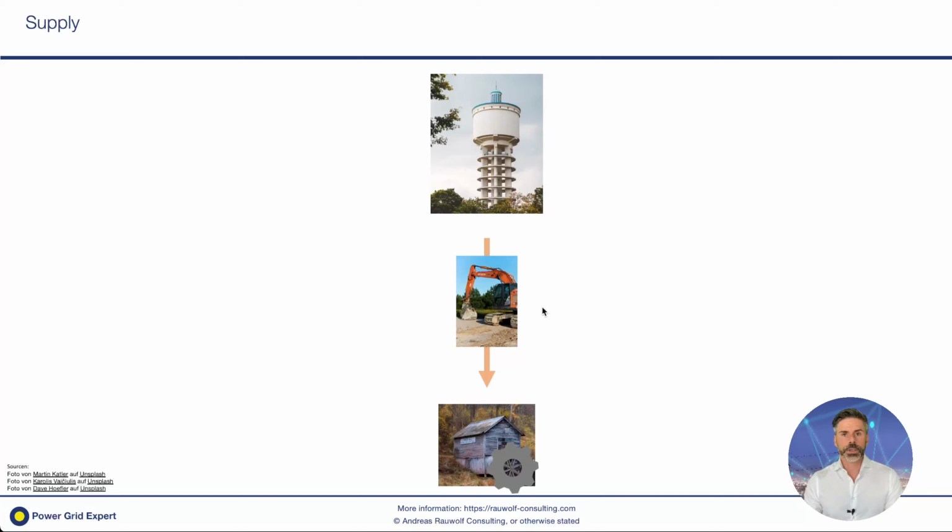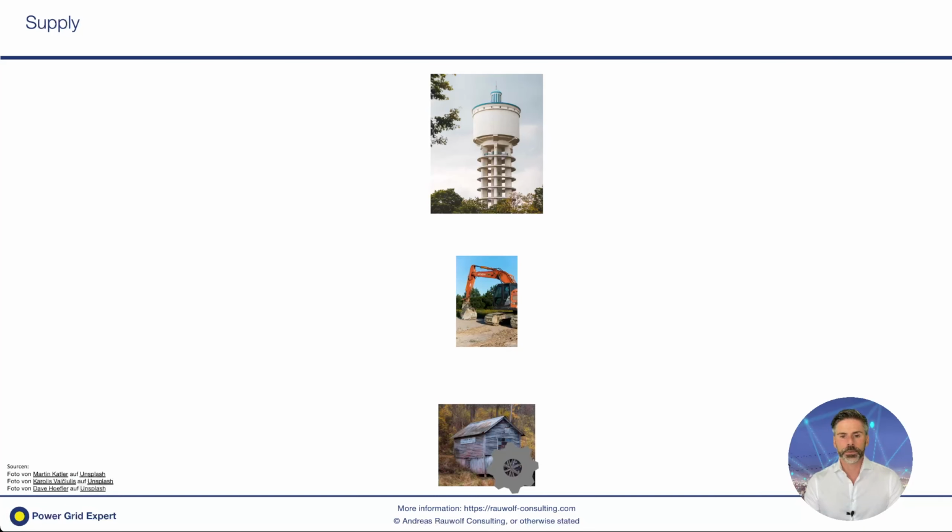Of course, this is not what we want in our electricity supply. We want to prevent people from being out of power for several hours or even several days, and the higher the voltage level, the more people are affected by an outage.